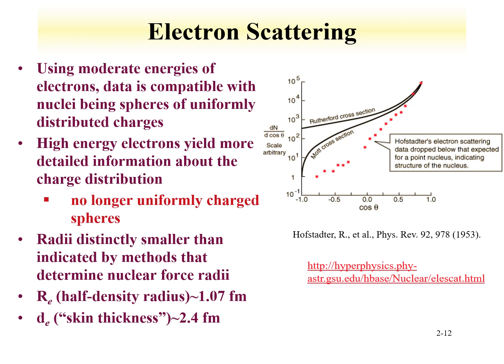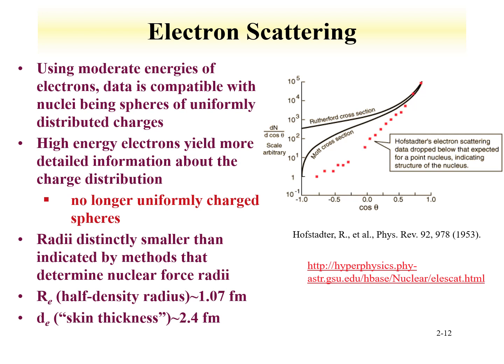As we alluded to on the previous slide, electrons can also be used for determining information about the nucleus. At moderate energies, data is fundamentally comparable to nuclei being spheres and uniformly charged. At high energies, more information comes out that shows that the nucleus has properties that indicate it's no longer a uniformly charged sphere.